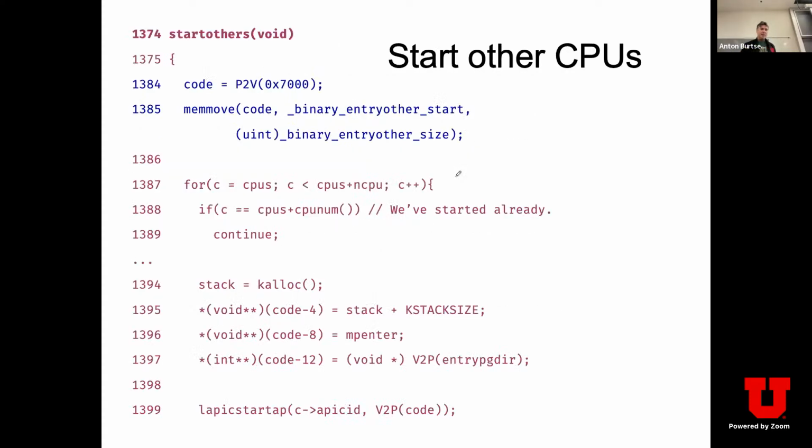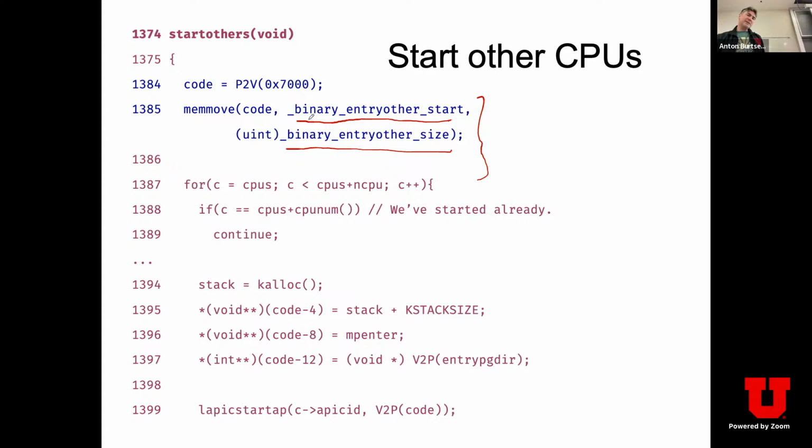So again, a similar trick to how we created the very first process in the system. We have a small assembly sequence included in the kernel. And the linker created those labels, binary entry other start and binary entry other size, for us, right?